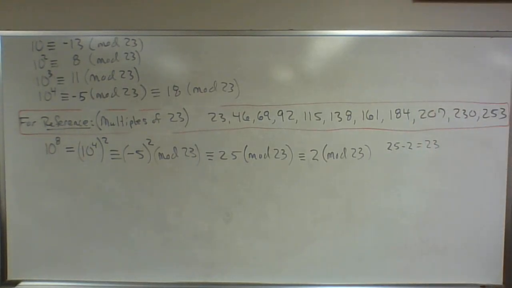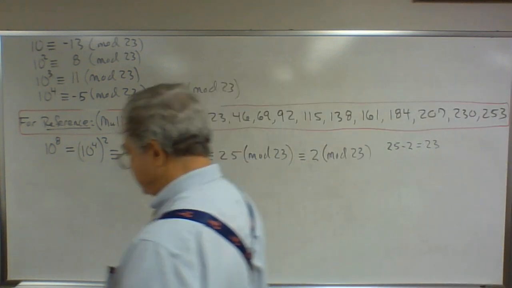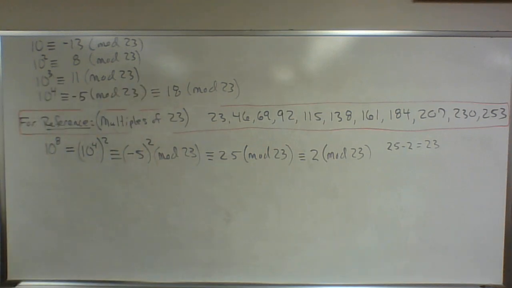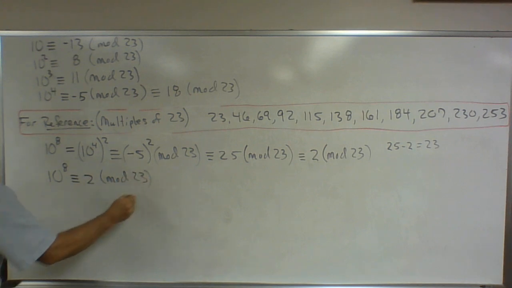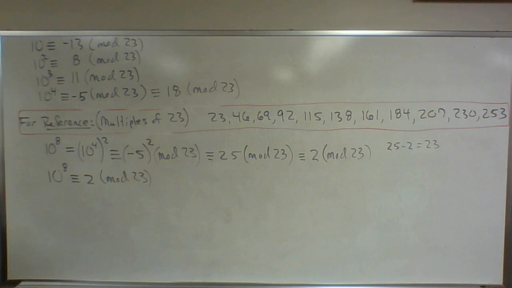Okay, I'm going to rewrite the result here. 10 to the 8th is congruent to 2 mod 23. Now here's where I'm going with this.